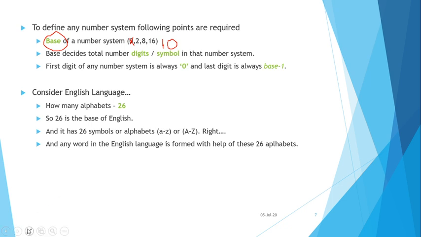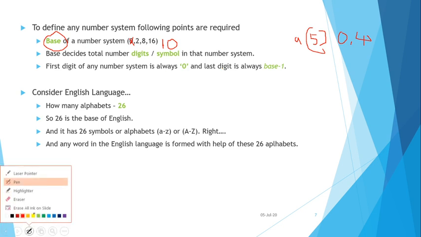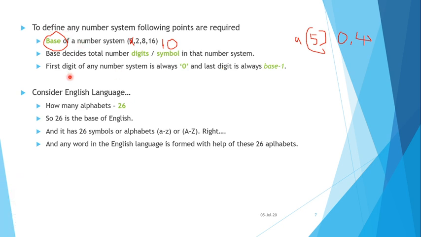If you consider an array A of 5, in square brackets, the first index always starts at 0 and ends at size minus 1, that is 4. The same is the case for the base of any number system. The first digit is always 0 and the last digit is always base minus 1.